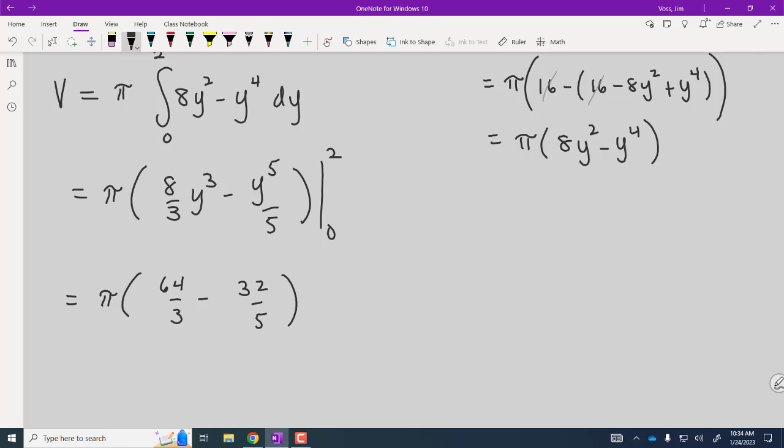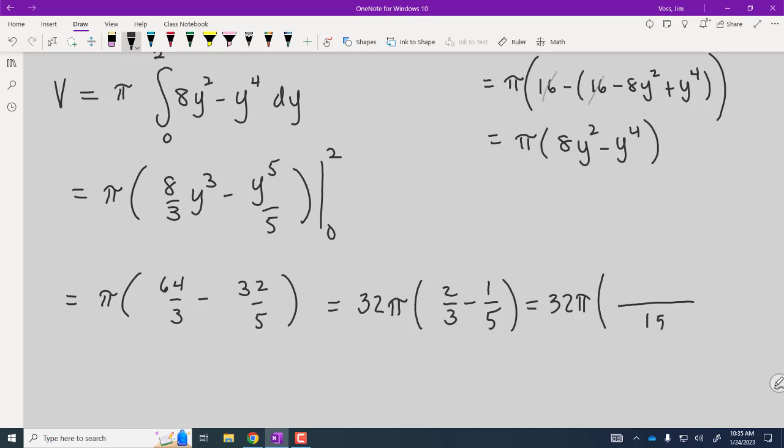So I think the easiest way to do this, instead of multiplying the 64 by 5 and the 32 by 3, is to factor out a 32. If we factor out a 32, we will be left with 2/3 minus 1/5. And that's a little bit easier to deal with in terms of fractions. Common denominator is 15.